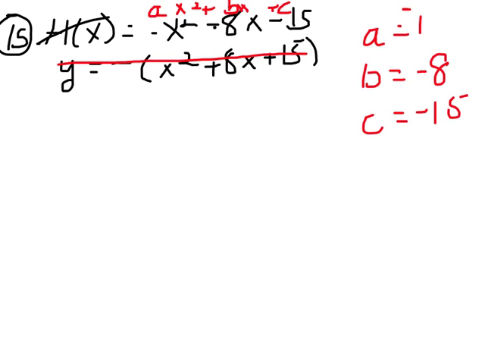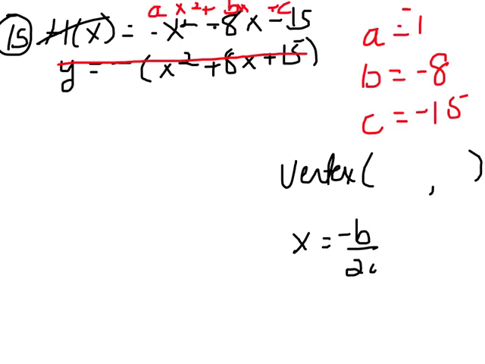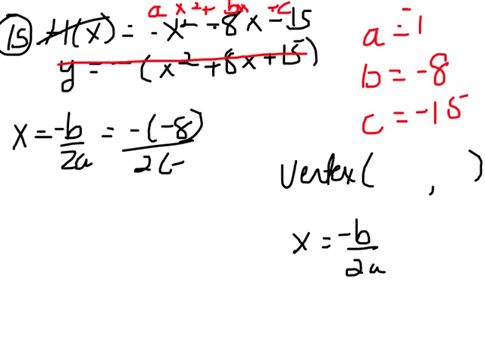So if I want to find my vertex, remember it's a point, and it has an x value and a y value. And the x value of the vertex is also my axis of symmetry. And we find it by saying negative b over 2a. So x equals negative b over 2a, that's going to be negative 8 over 2 times negative 1.